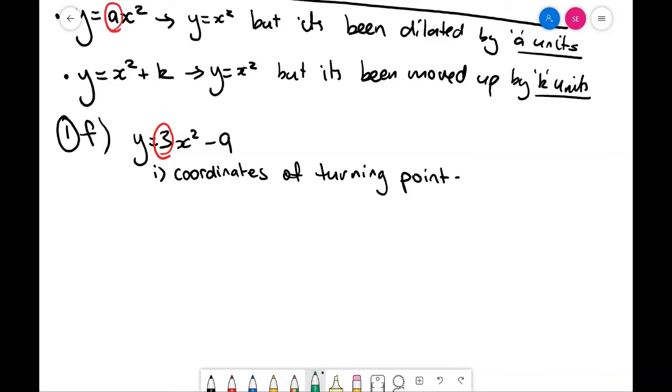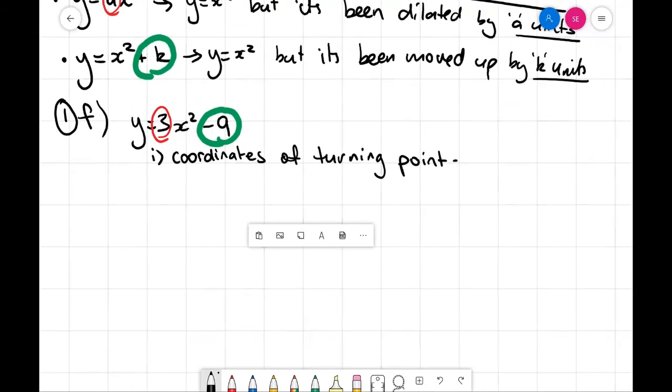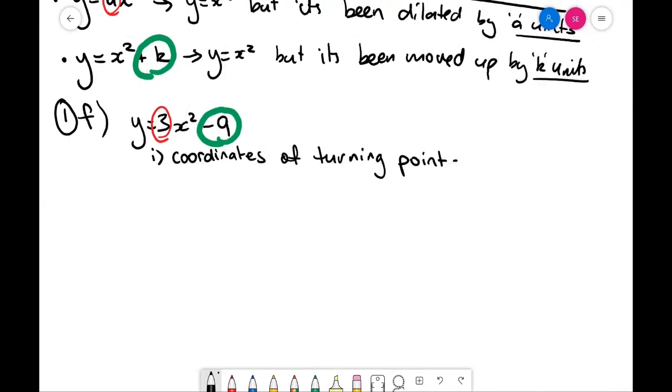We've also moved it down 9 units. So if it was a positive 9, we'd go up 9 units, but since it's negative 9, we go down 9 units. So it hasn't moved any units left or right. So we know the coordinates of the turning point would just be, well, it used to be 0, 0, but now it's 9 units down, so it's actually 0, minus 9 now.